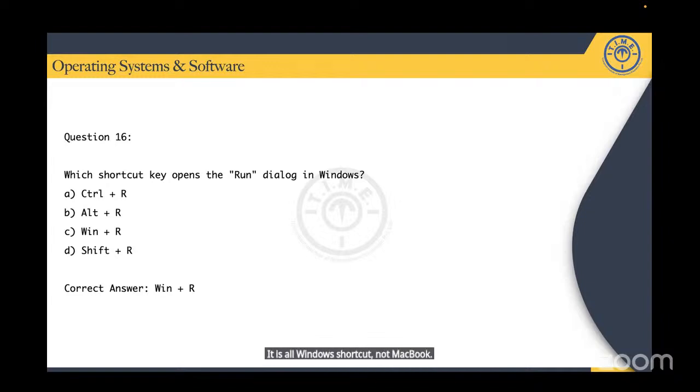Alt plus R, there is no such shortcut. Shift plus R is not used for run dialog. So the correct answer is Win plus R.